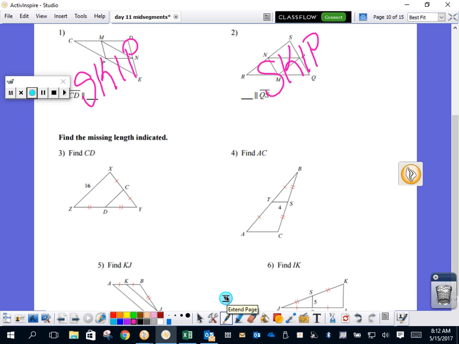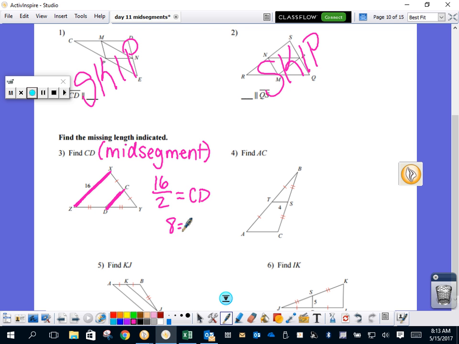So if we are finding then 1/2 of 16, or 16 divided by 2, 8 equals CD.